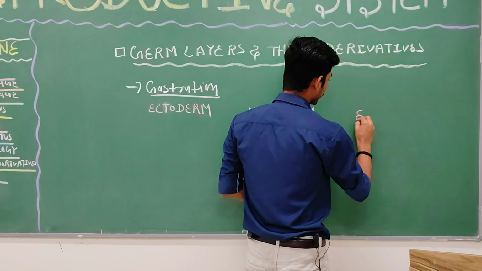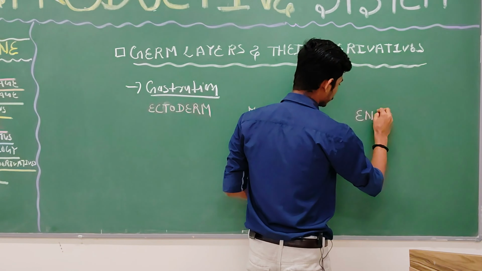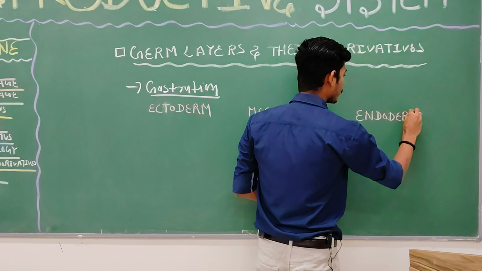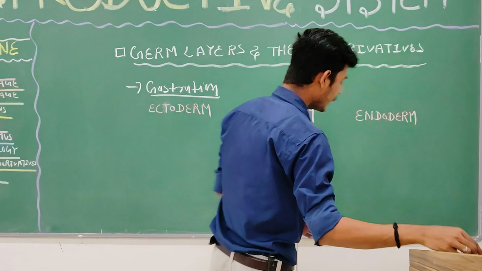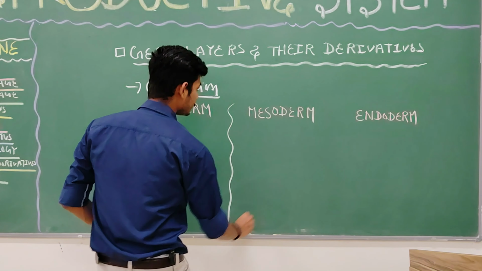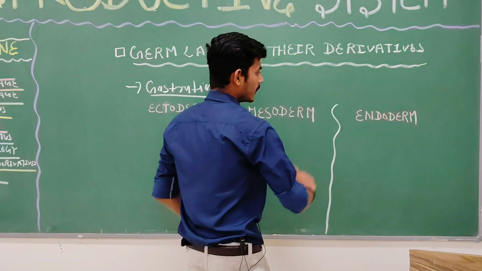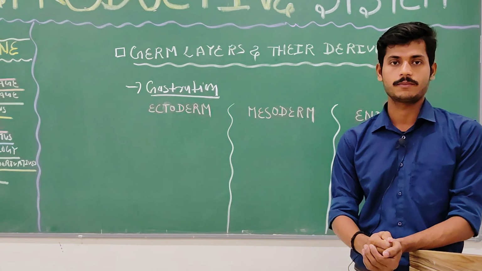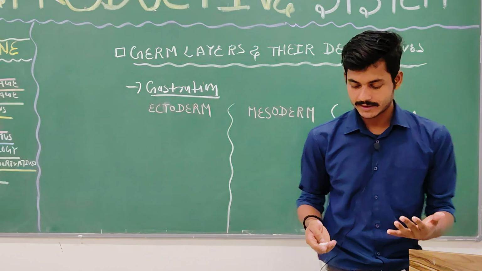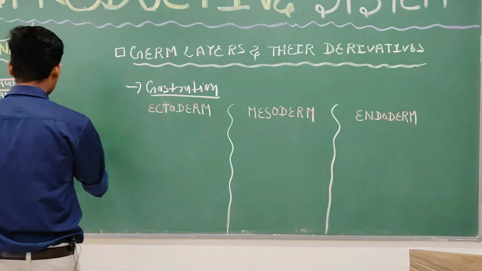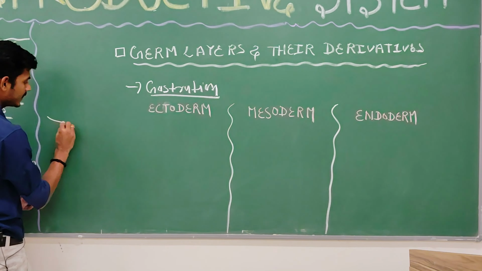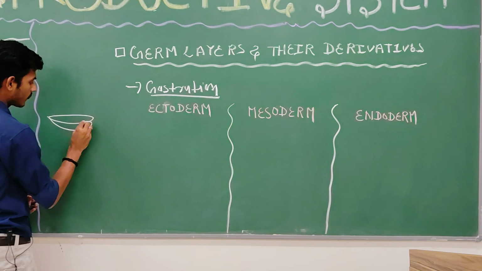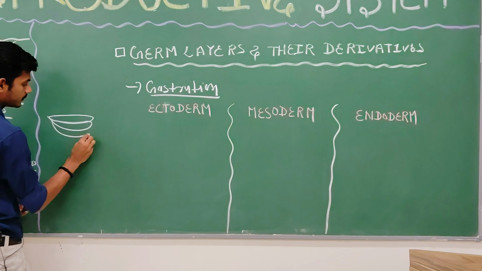The innermost layer is the endoderm. With the help of these layers, the organs are formed. Suppose these three layers are arranged in a disc manner.